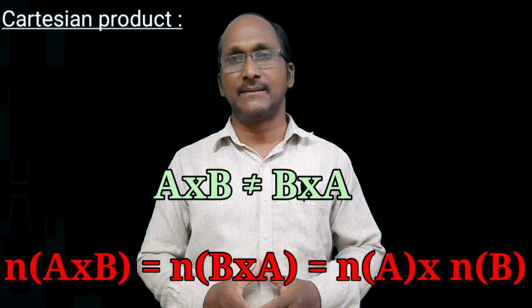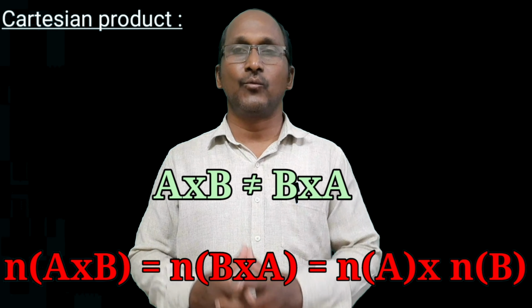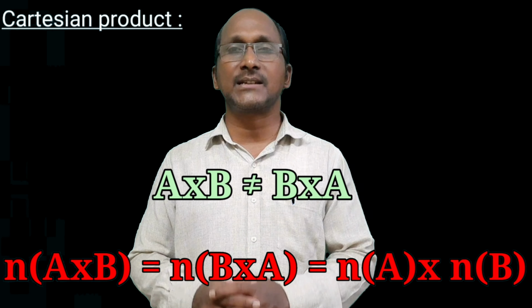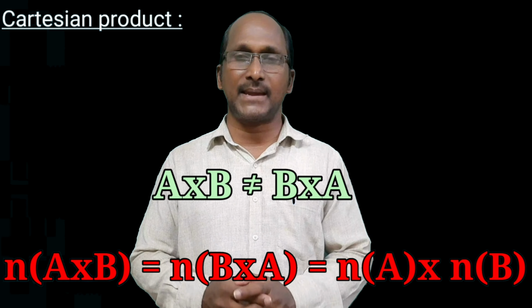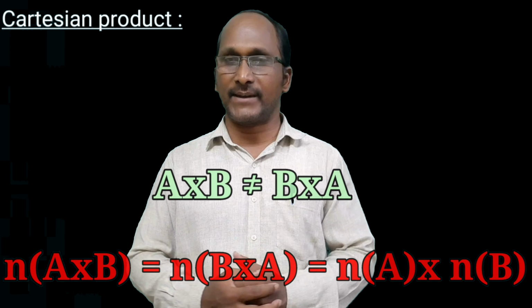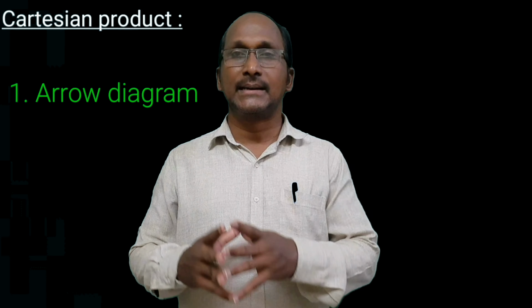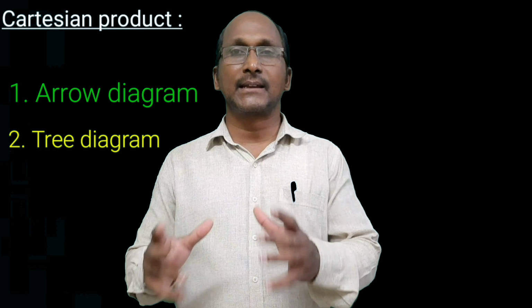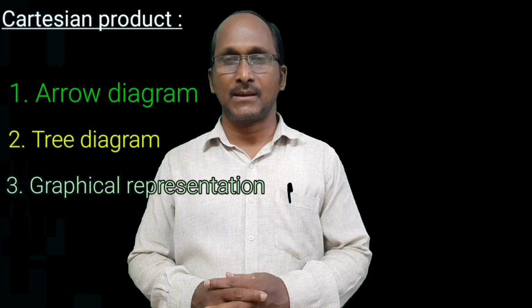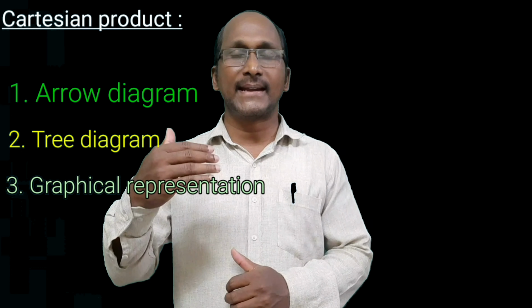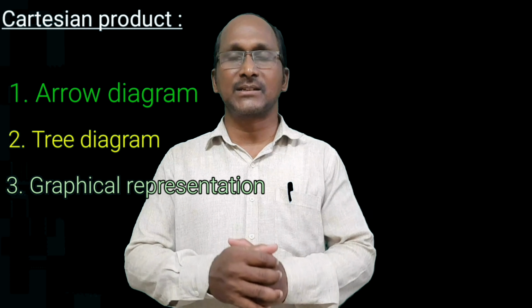And also we can represent the Cartesian product of two sets A and B in 3 different ways. That is arrow diagram, tree diagram and graphical representation. First let us see how we can represent the Cartesian product in an arrow diagram.